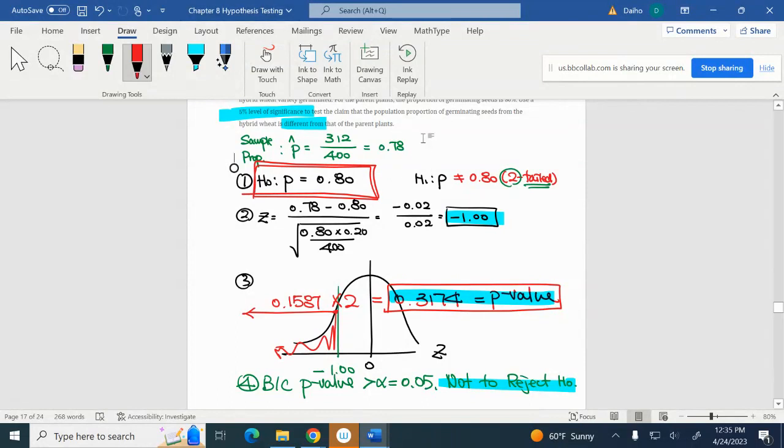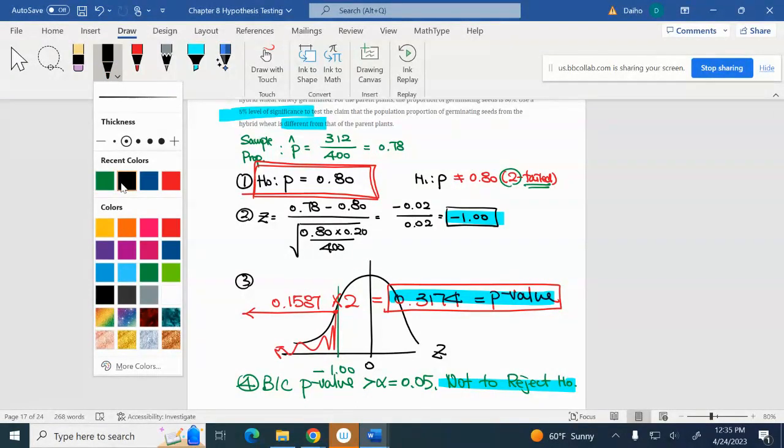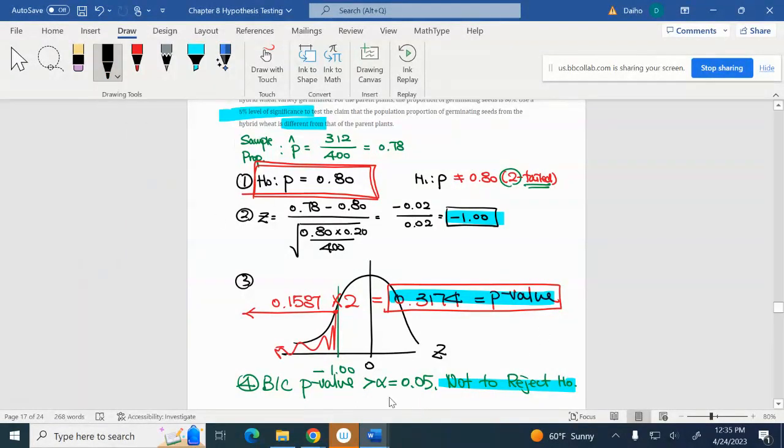Then now we interpret H0. H0 said it is 80%. But what was the question? What was the claim? Is it different? It's not different. The interpretation must be, how can I say, the population proportion.